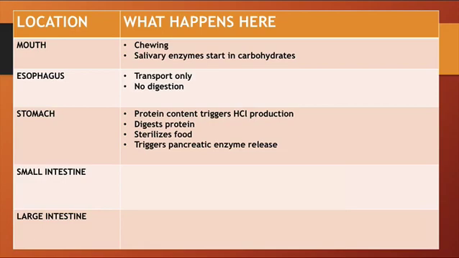The small intestine is about 7 meters, 23 feet long. But at the very top where the stomach connects into the small intestine, there are sensors for the acid level of the food going from the stomach to the small intestine that then triggers the release of enzymes that were stored and produced by the pancreas.